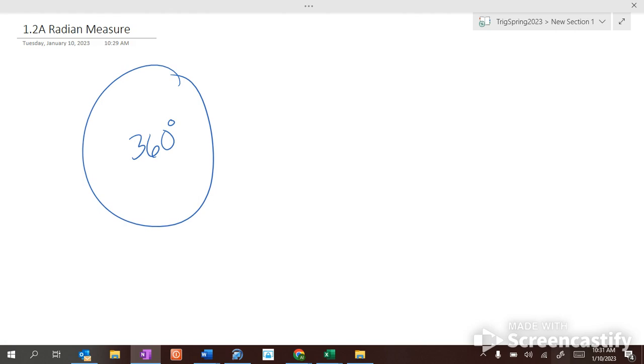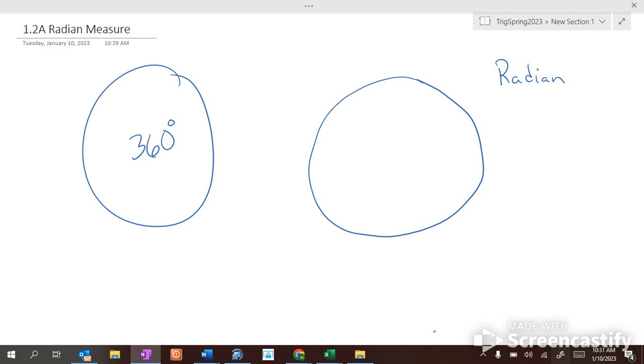Well, that all depends. The word radian is like the word radius. So those two things are closely related.